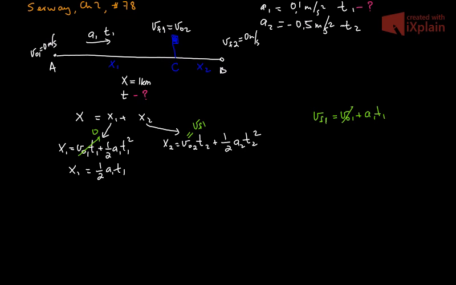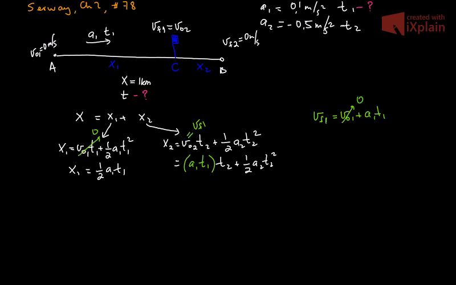Since v01 is 0, v final 1 is a1 t1. So I can plug that in: x2 equals a1 t1 t2 plus 1/2 a2 t2 squared. Can we find the relationship between t1 and t2? We still have two unknowns.